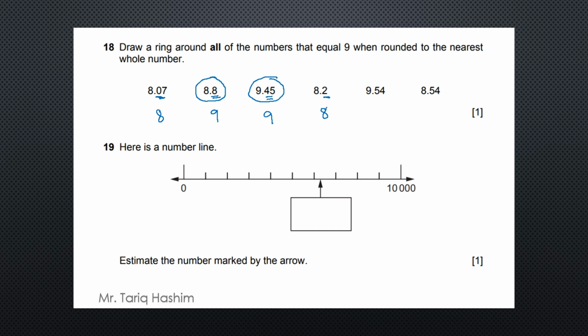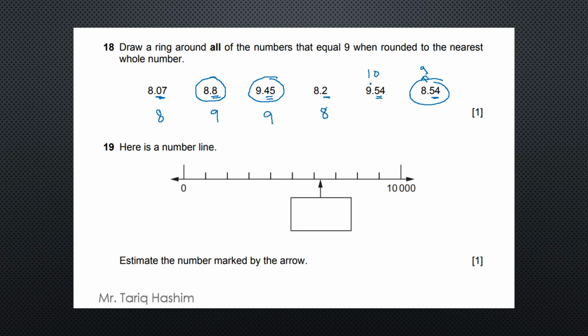We will not circle this one. 9.54, we have to round it up to 10, so it will not be 9. The last one, 8.54, after the decimal point we have 5 or more, so this number will become 9. So this number also will be circled.